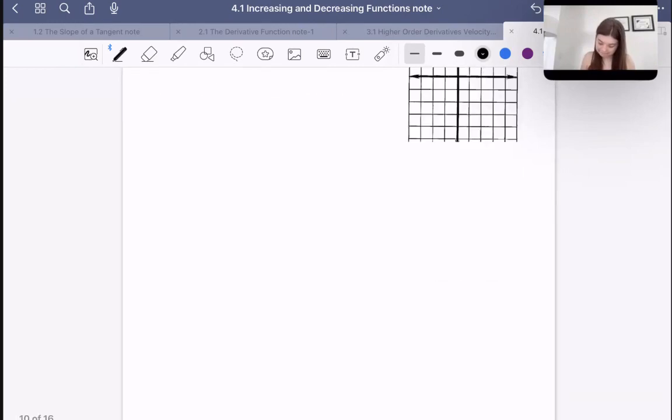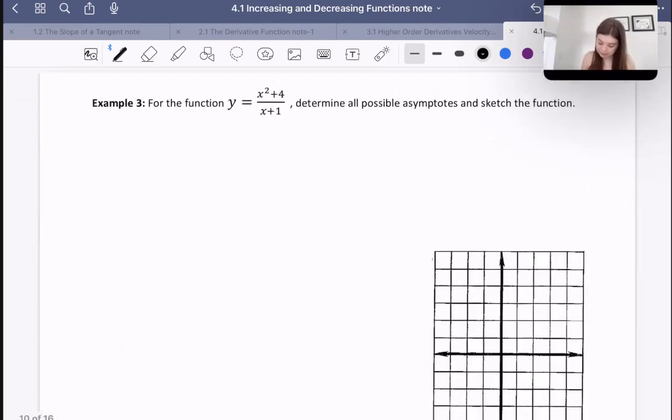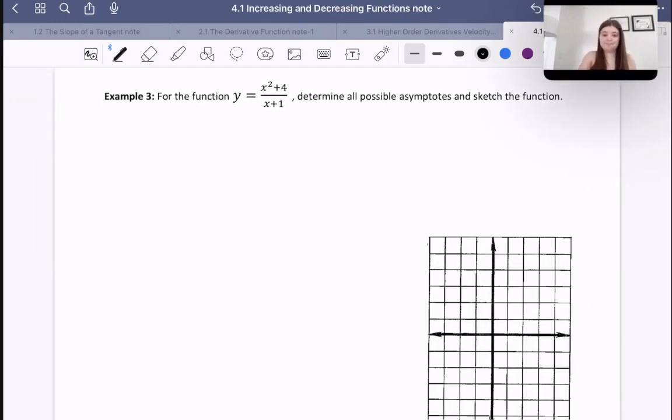Okay. Let's do one more example and then we will call it a day. This one says, for the function y equals x squared plus 4 over x plus 1, determine all possible asymptotes and sketch the function. So first things first, we know that there's no horizontal asymptote, because the degree of the numerator is greater than the degree of the denominator.